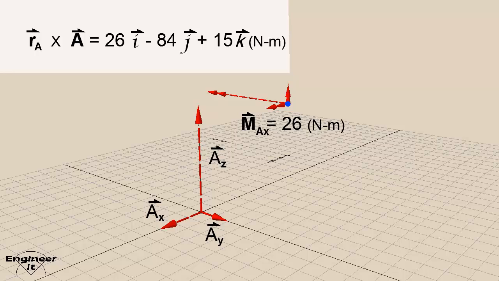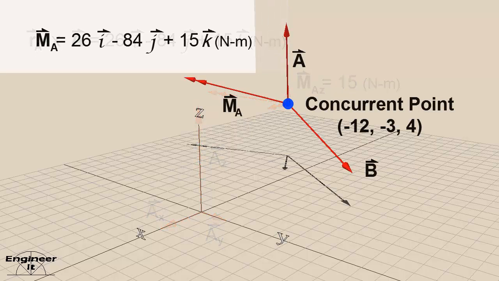The results may be expressed in terms of the moment vector components. Now, vector A's line of action through the concurrent point also includes the moment vector of A.